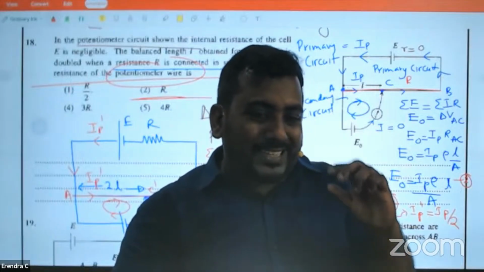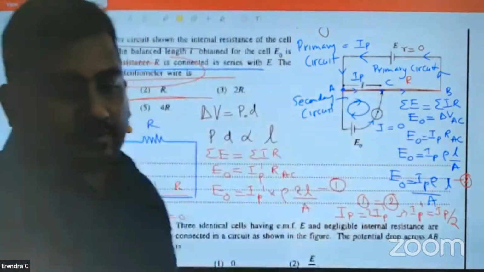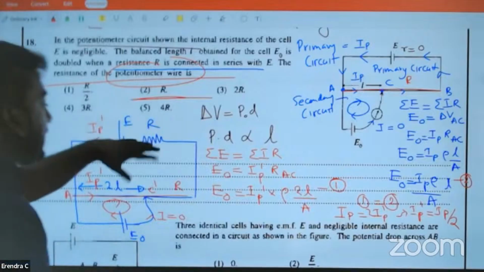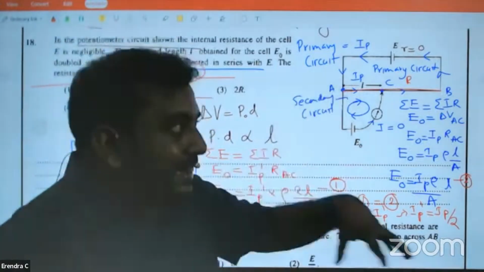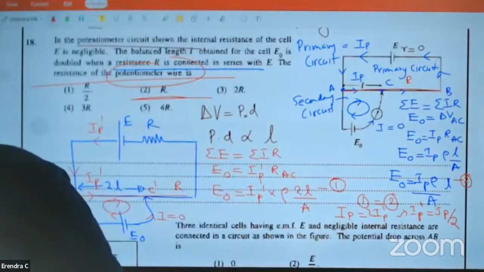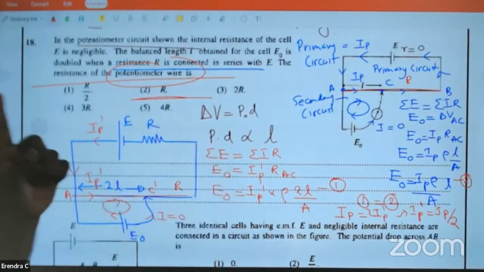Now, in point form, first one: when we put a resistor R in series, the length has doubled. The length has doubled means the current in the primary circuit has become half.